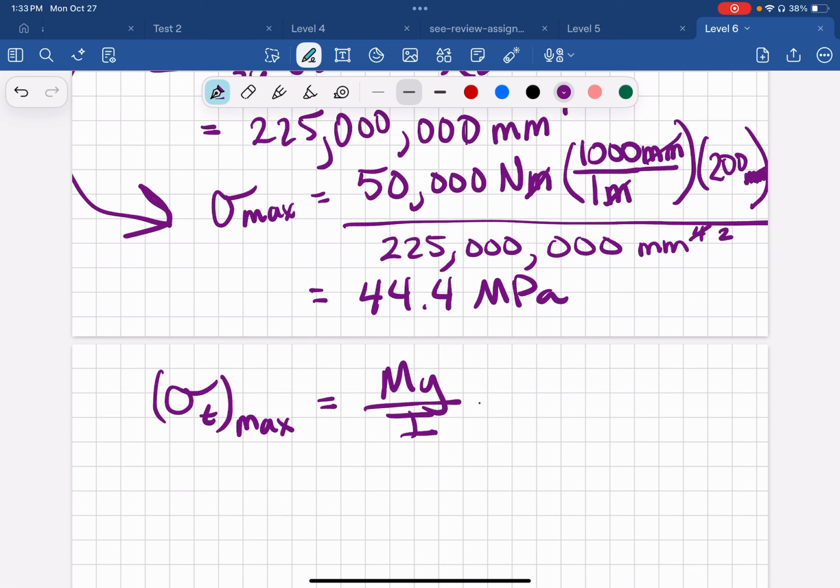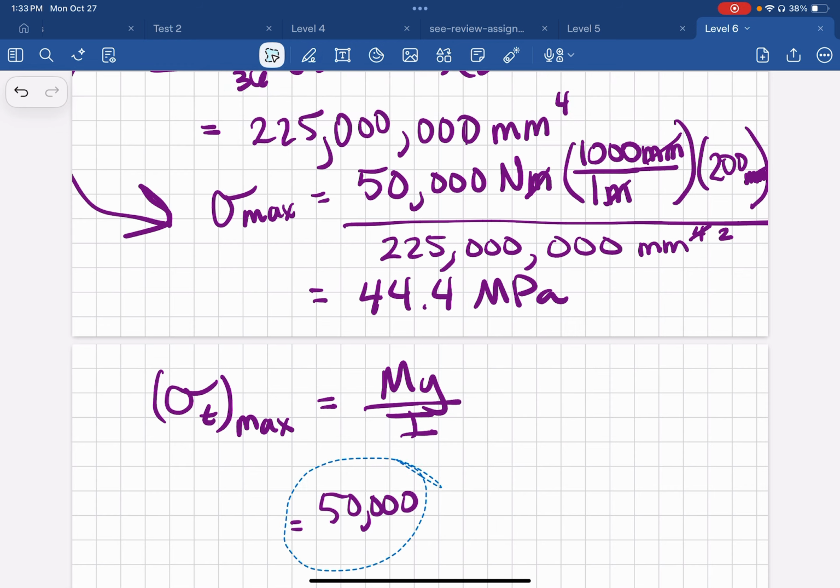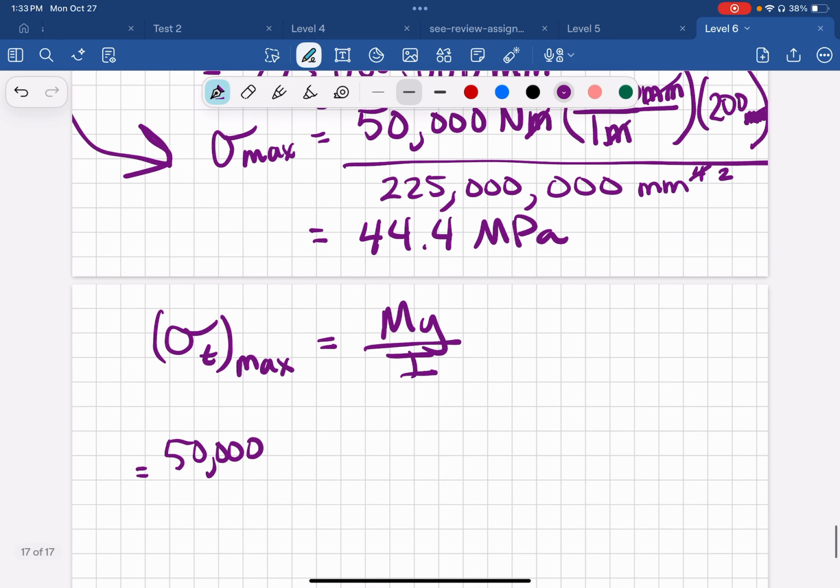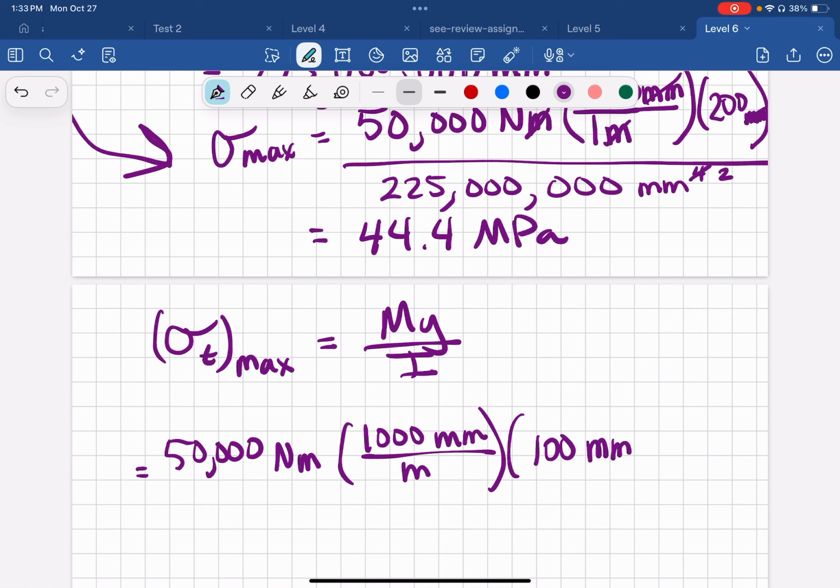And the moment is also the same. So 50,000, actually, that's not going to be enough room for me. So it's basically similar: 50,000 newton meters times 1,000 millimeters per meter times Y, which is that 100 millimeters, divided by that 225 million.